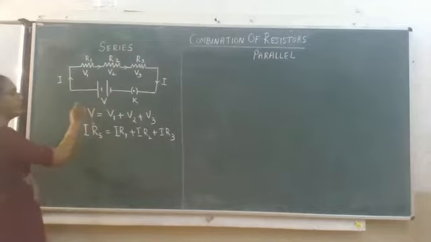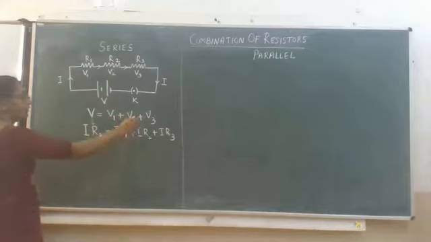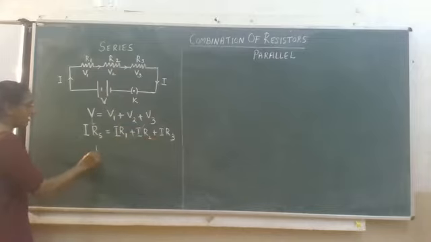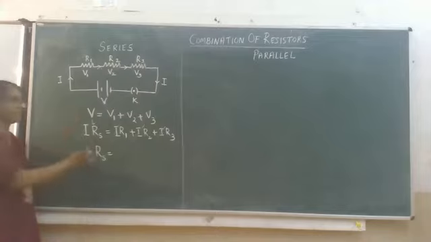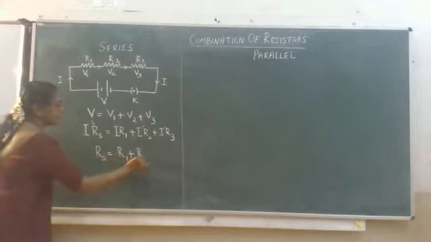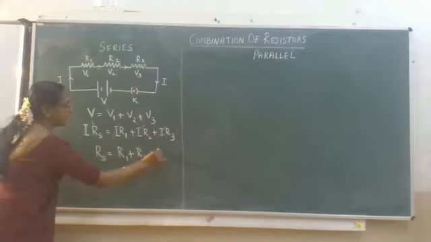And only the value of V is getting divided. So I is common for every term here. So if you cancel I, what we will get? RS, which denotes the total resistance of the circuit, is equal to R1 plus R2 plus R3.